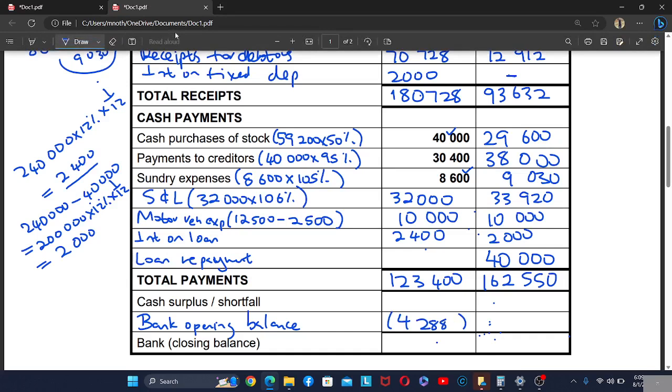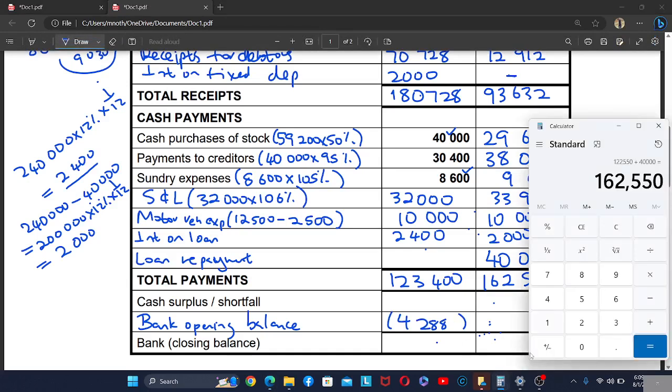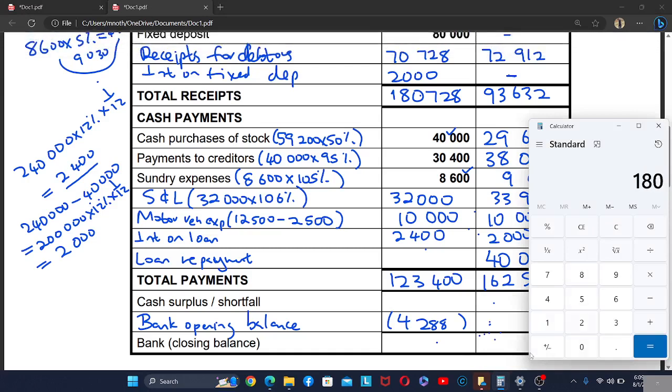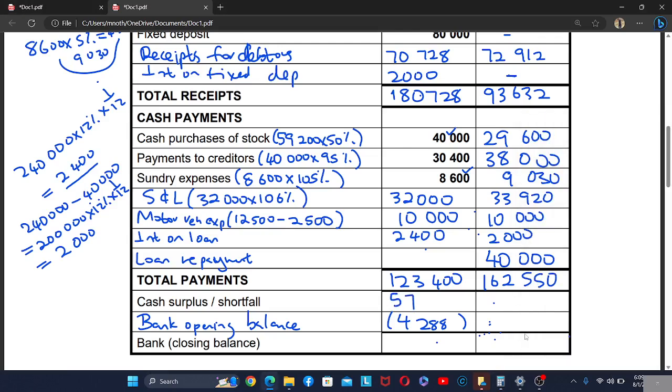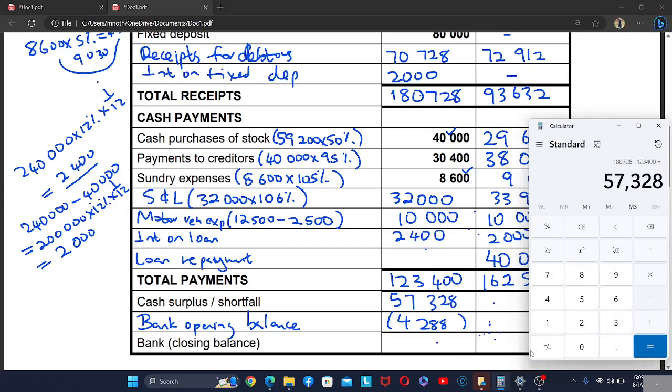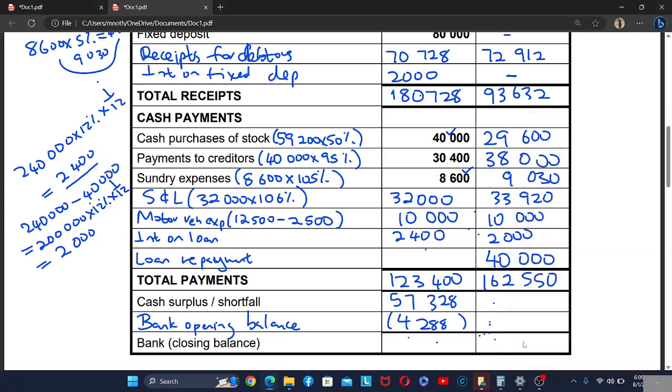Now let's calculate. Receipts minus payments, 180,728 minus 123,400 is 57,328, minus 4,288, which is 53,040. Which is going to go as the opening balance here.